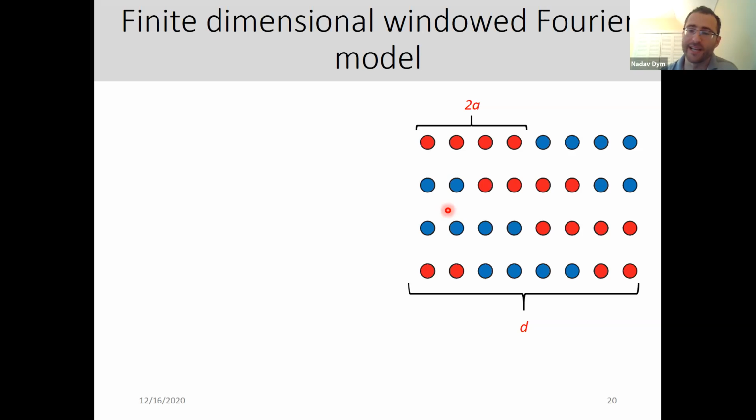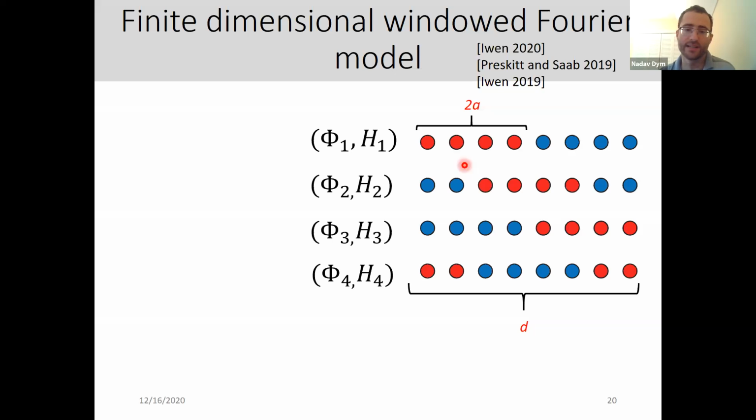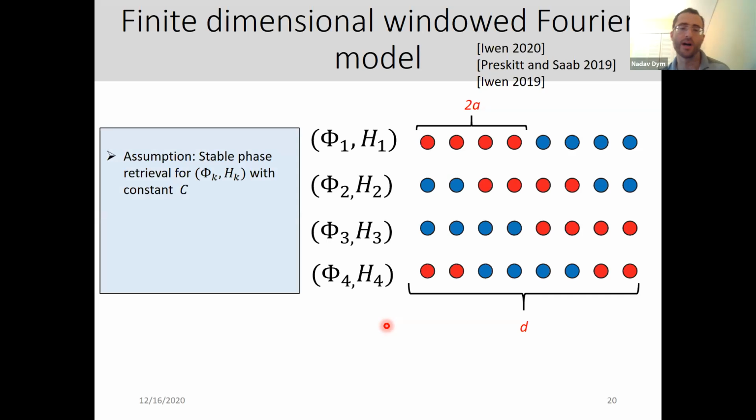The question we want to ask is, okay, the setup is as follows. We're assuming we're given measurements on these windows. So we have a collection of measurements supported on this window, and then a collection of measurements supported on all of the other windows. And for the sake of simplicity, we'll assume that each window, on the Hilbert space it's supported on, does phase retrieval stably with the same constant.